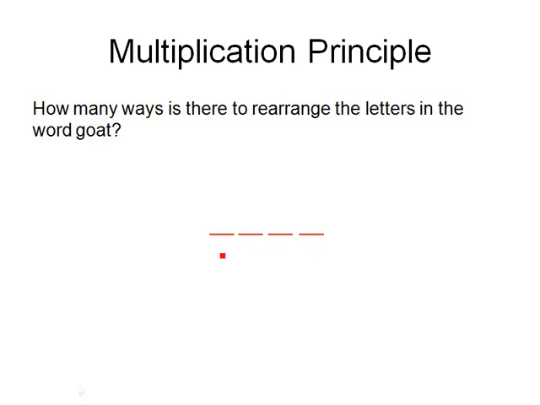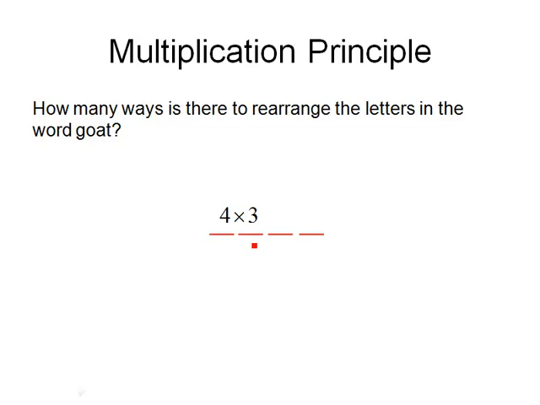The first thing we're going to do is choose the first letter. Since there are 4 things to choose from, G, O, A, or T, we put a number 4 for that first choice. But since we've now chosen a letter for the first place, now we only have 3 things to choose from for the second letter.